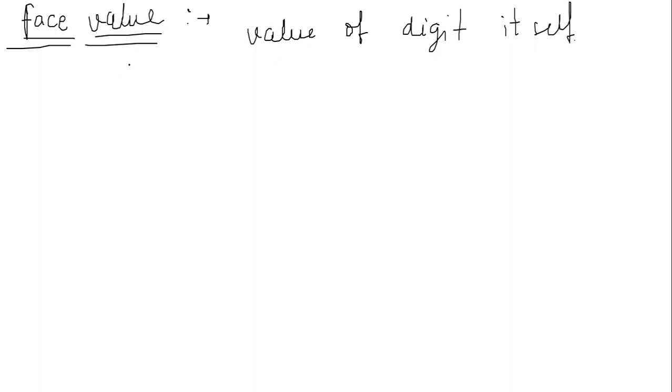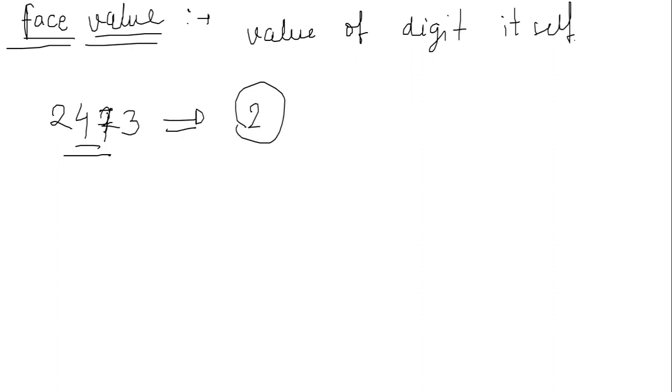For example, I'll take the same number. For example, I'll take 2423. Okay, so in this particular given question that I'm asking you, tell me the face value of 2, or let us consider this as 7. Tell me the face value for 2 in this given number.